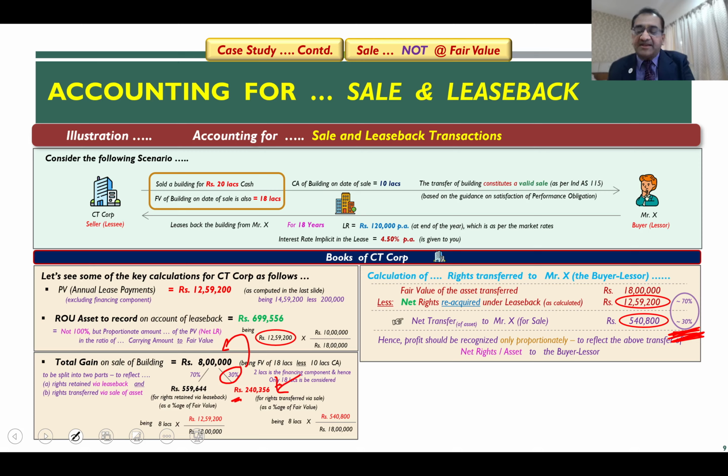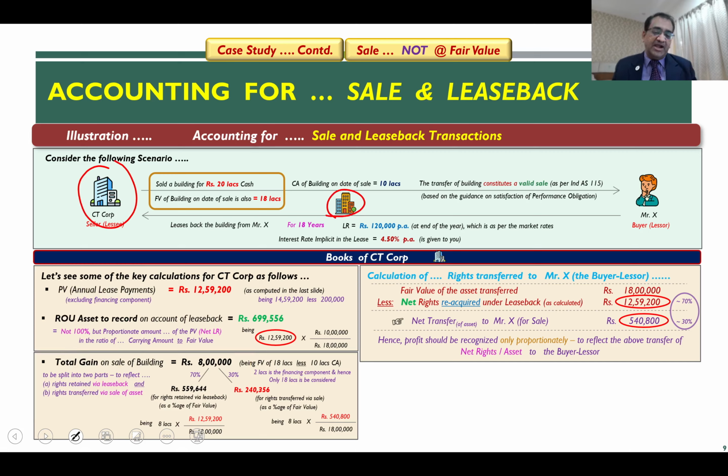It's slightly more than that. So roughly, 30 point something would be your transfer, and that's why it is not exactly 30% of 8 lakh. It is 2,40,356. Now, this 2,40,356 is the profit which the seller-lessee will be able to recognize on sale of the building.